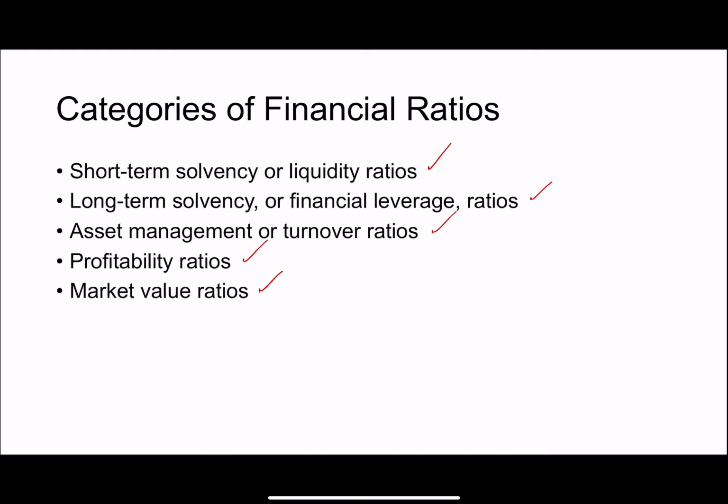The goal is to understand all of them and try to improve as much as we can without hurting other ratios. Let's say somebody has digestive problems and also high blood pressure. Well, we want to fix both. We want to try to lower blood pressure and improve the digestive system at the same time.